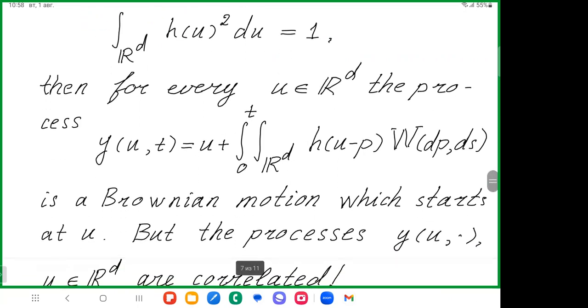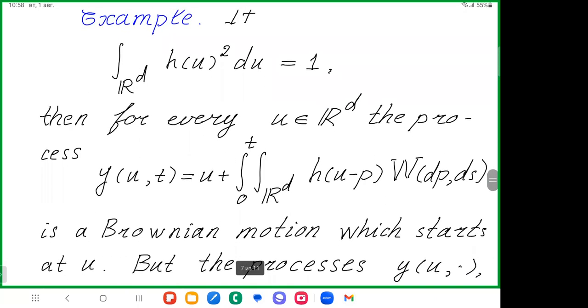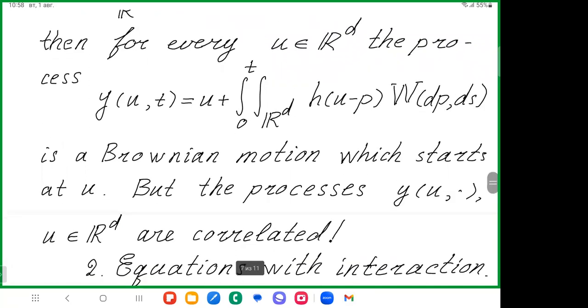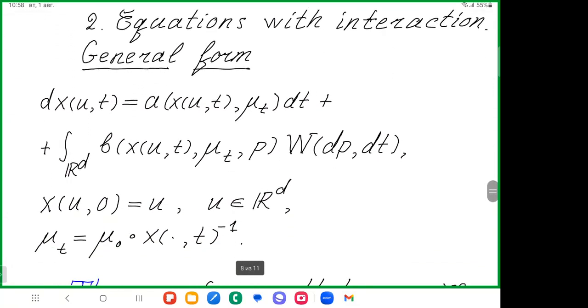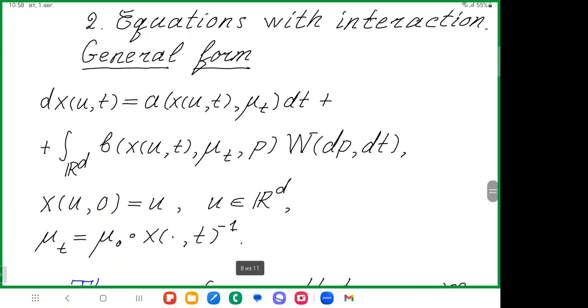Okay, and now we are ready to write a general form of equation with interaction. Let us consider this general form. dx^u(t) is equal to a(x^u(t), mu_t) dt plus the integral with respect to R^d of b(x^u(t), mu_t, p) W(dp, dt).